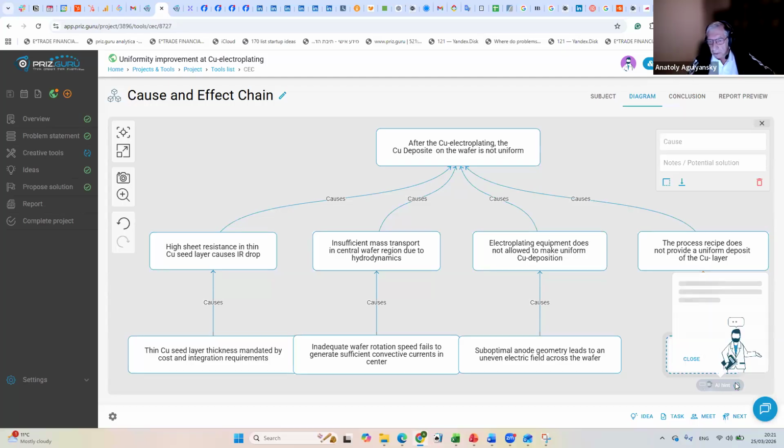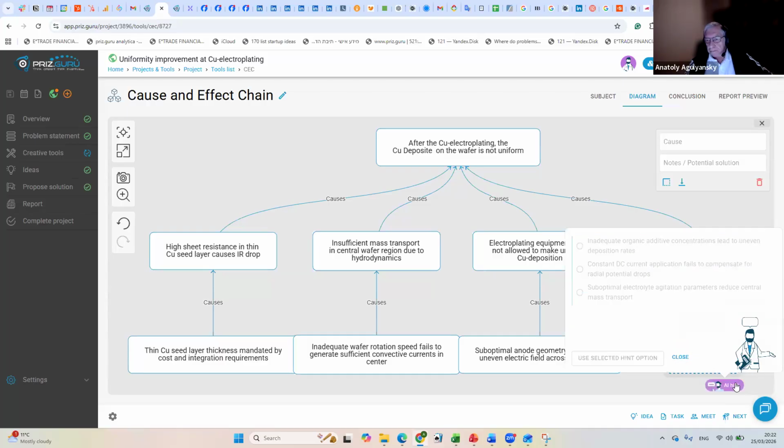Why this one? Let's pick up something. So it's actually users didn't do it. Contact DC current application fails to compensate for radial.